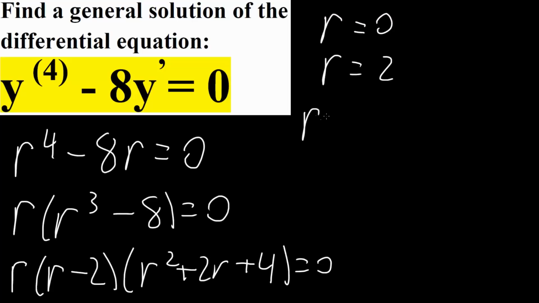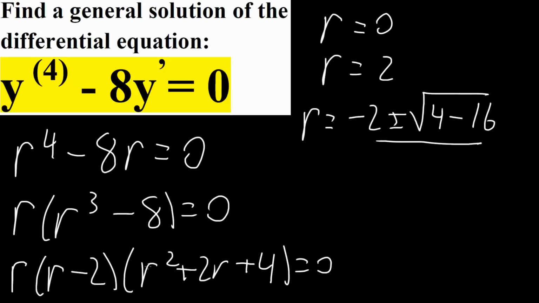So we'll say r is equal to minus b, so minus 2, plus or minus the square root of b squared, so 2 squared, so 4, minus 4ac, so 4 times 1 times 4, so minus 16, divided by 2a, so a is 1, so divided by 2.